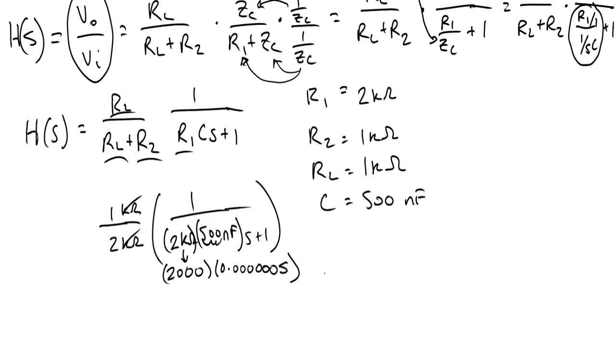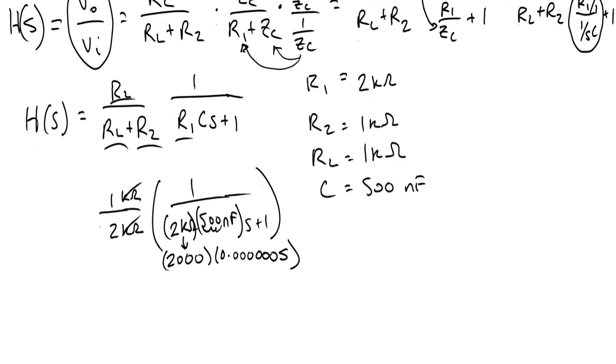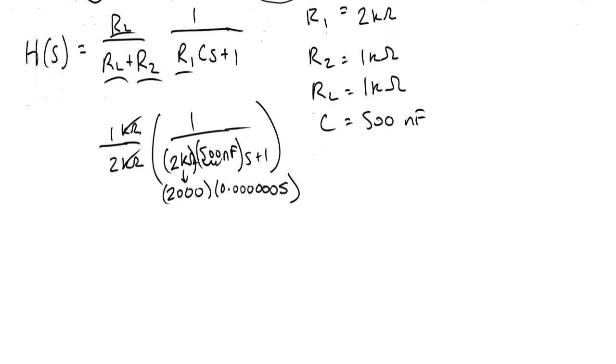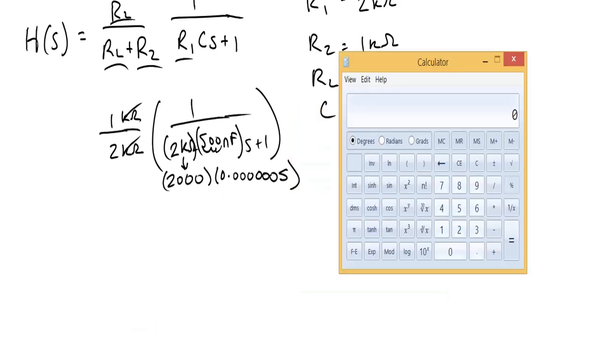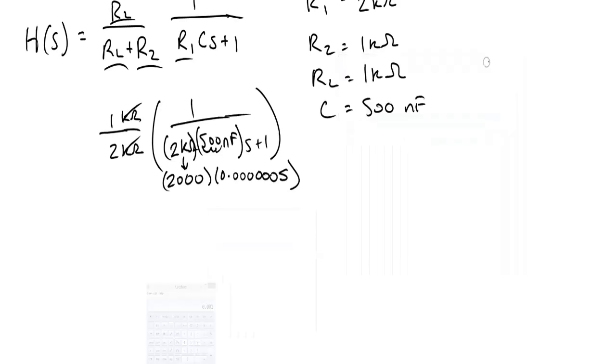Let's go ahead and work that out. 2,000 times 0.0000005 gives us 0.001.